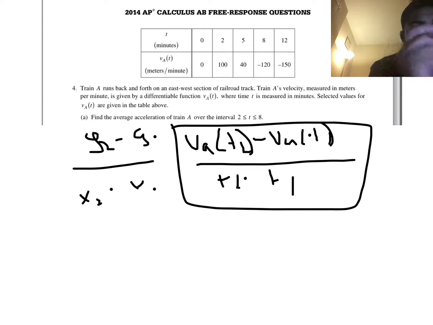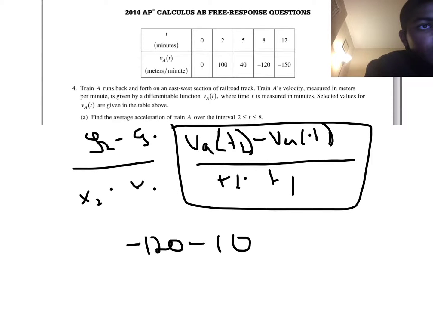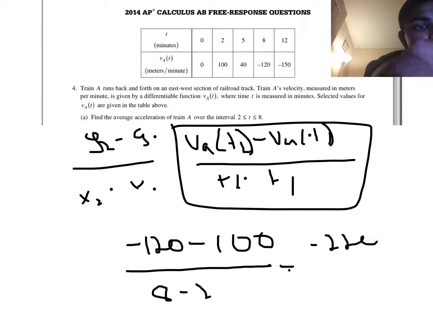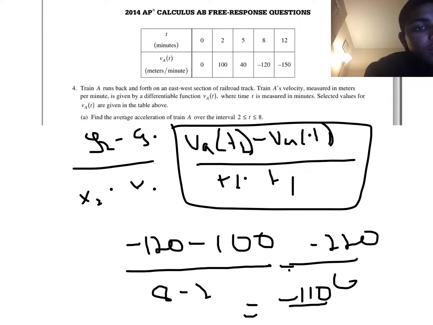So all we need to do is take the values 2 and 8 and plug them in. So we get negative 120 minus 100 over 8 minus 2, which is negative 220 over 6, which simplifies to negative 110 over 3.